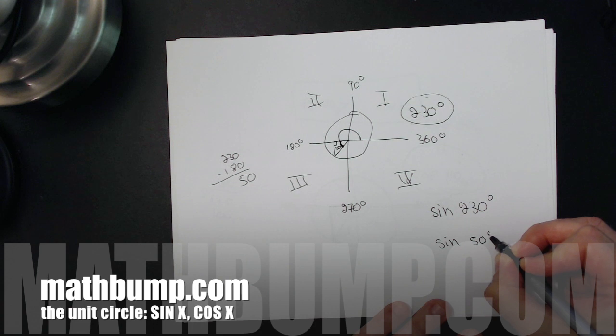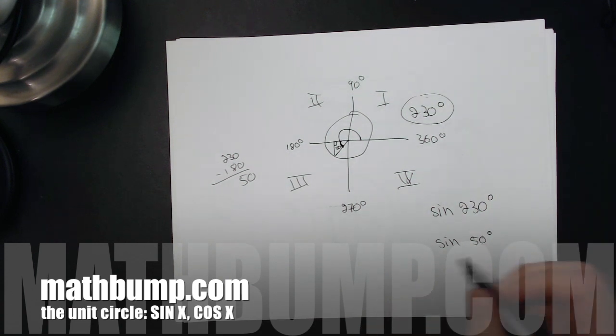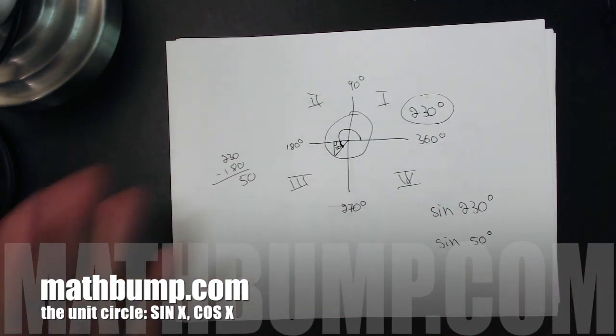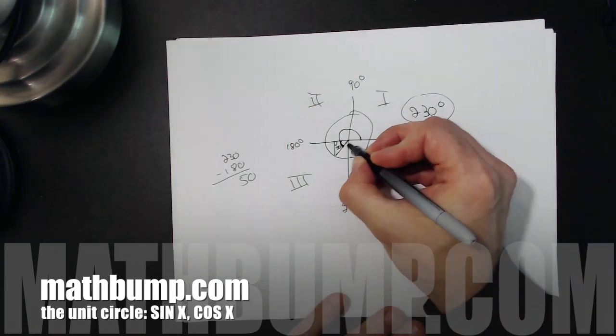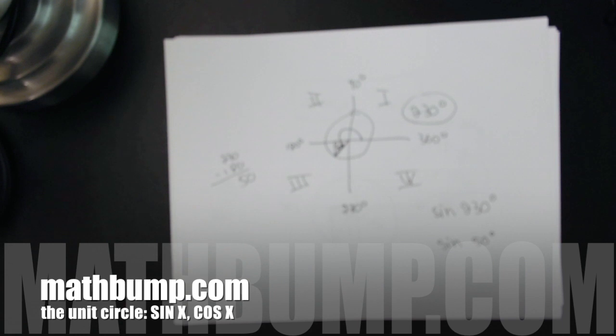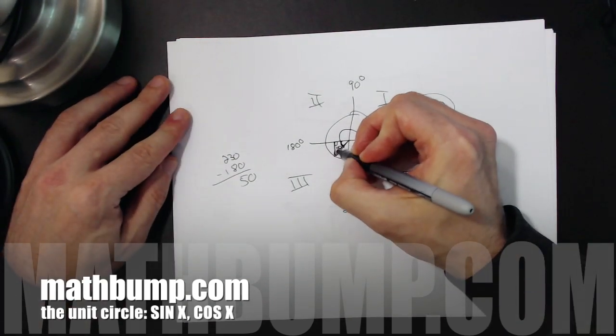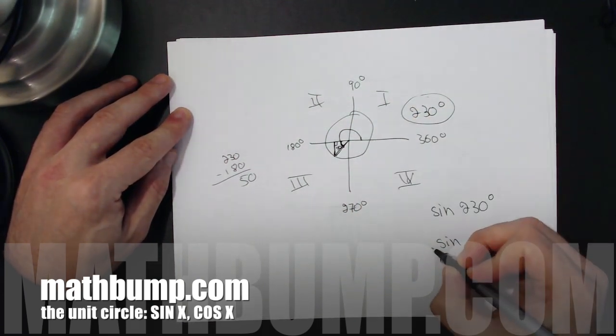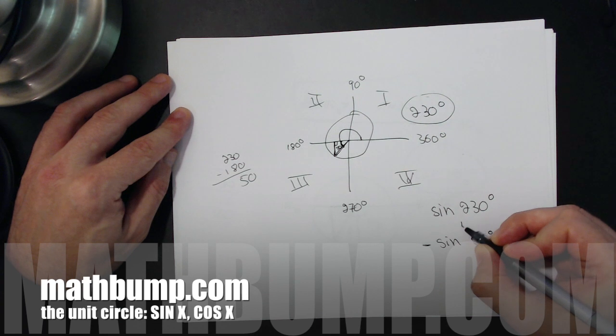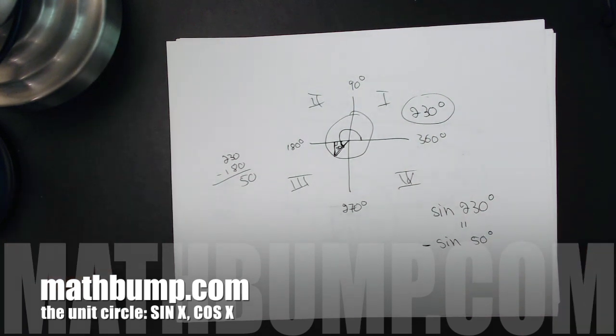So I know it's going to be the same number as sine of 50 because it's the same triangle. It's just in a different place. And now all we have to do is figure out, is it going to be positive or negative? Well, sine is the y part of a triangle. So what is y over here? It's going to be negative. So sine of 230 is going to be negative sine of 50.